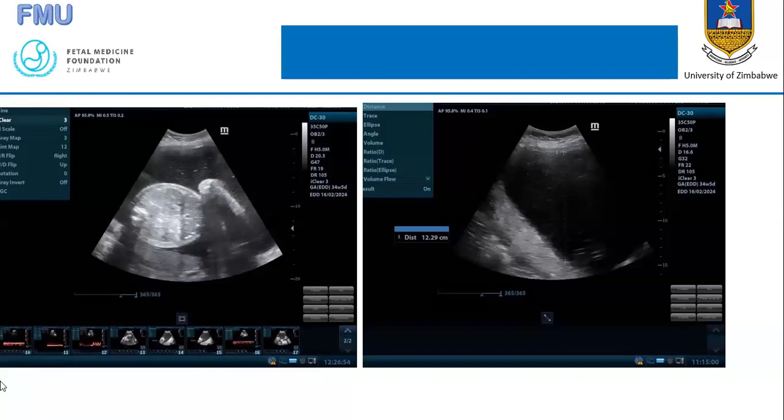The deepest pool was around 122.9 millimeters, which is classified as moderate polyhydramnios.